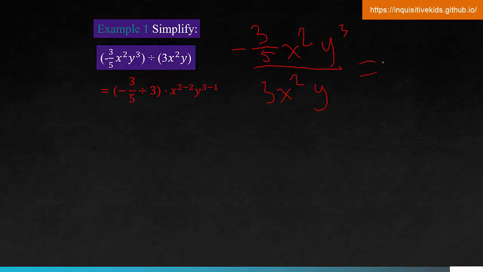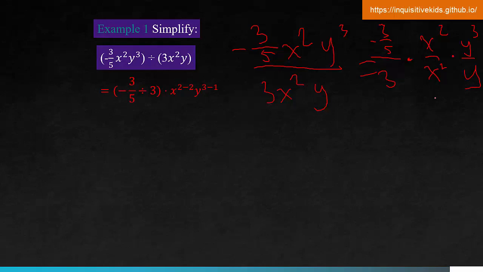We start breaking this up into smaller pieces. So negative 3/5 over 3 times x squared over x squared times y cubed over y.